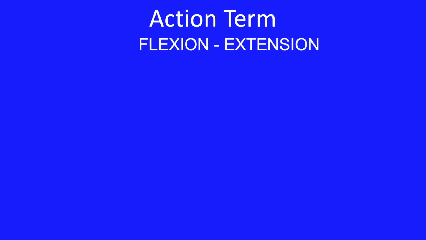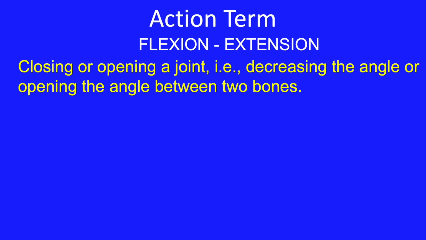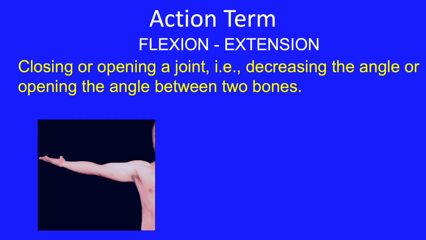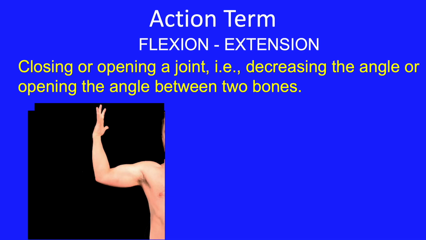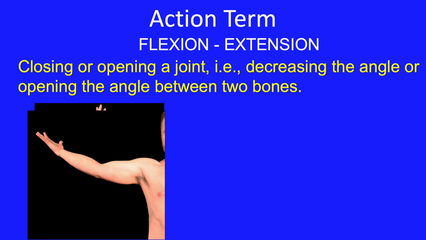Let's look now at the terms of flexion and extension. These terms refer to closing a joint. For example, decreasing the angle of a specific joint is to flex that joint, whereas opening the angle is to extend the joint. Here we see the elbow joint undergoing flexion and then extending again.